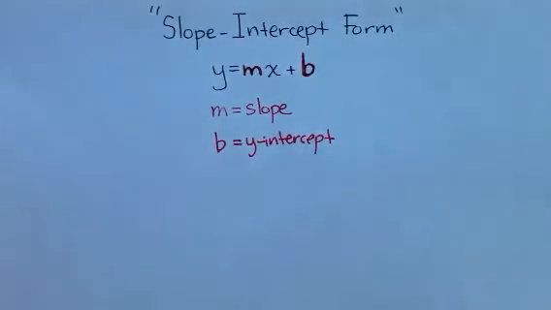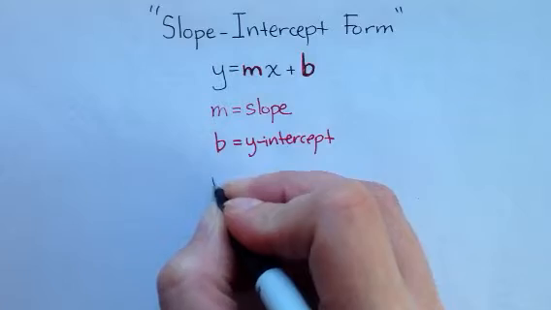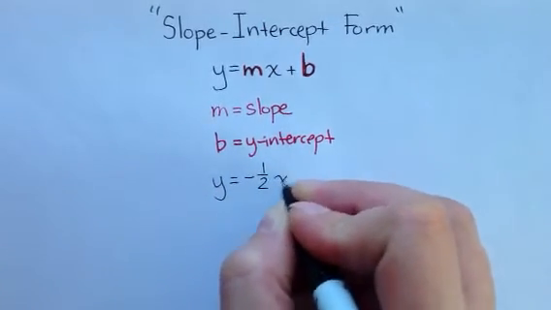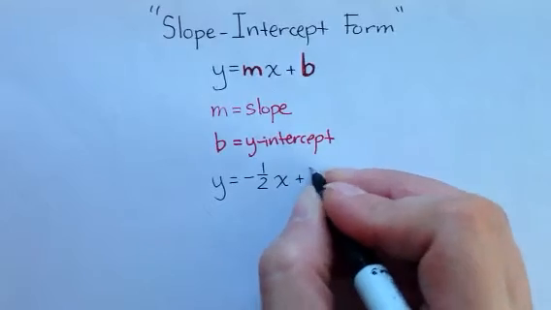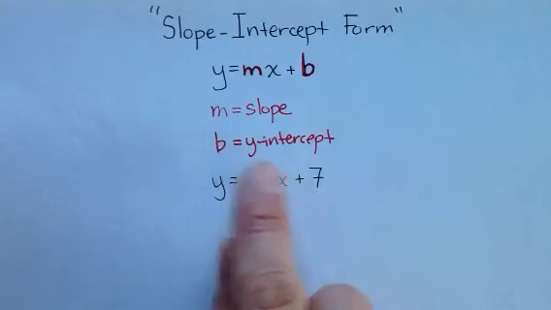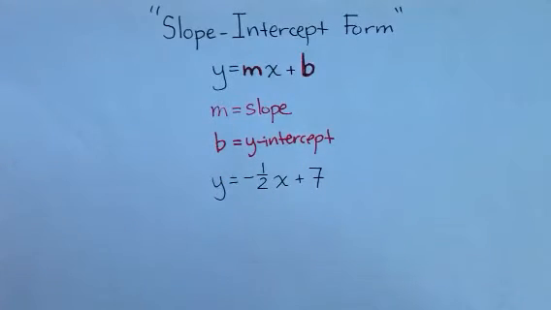Okay, so let me just give you a quick example here. What if I had the equation y equals negative 1/2 x plus 7? Here's a linear equation. It has an x and a y in it. It does not have exponents, so I know it's going to graph a line when I put it on graph paper. The first term here is the one with the x in it.